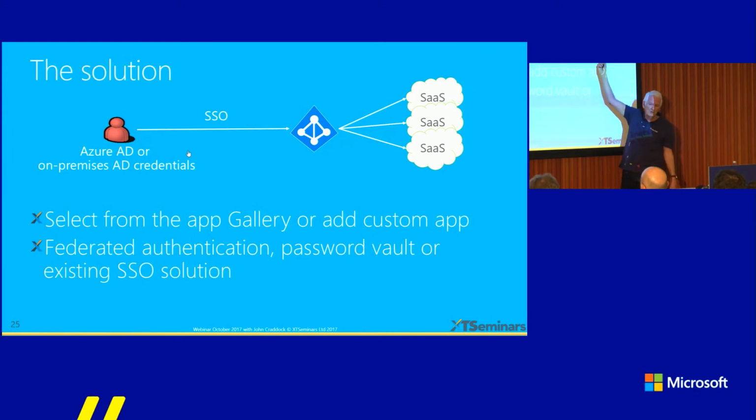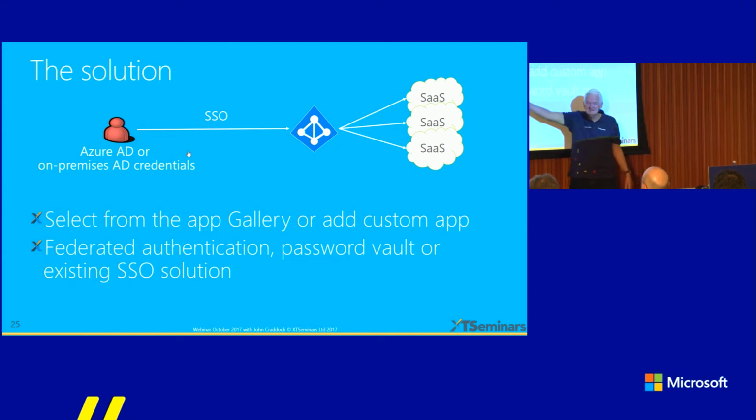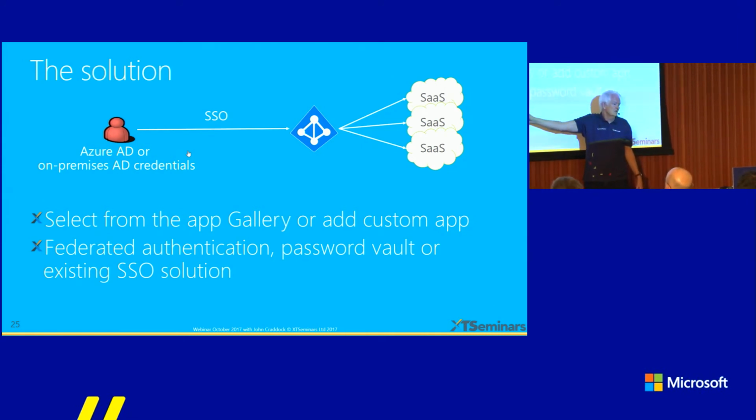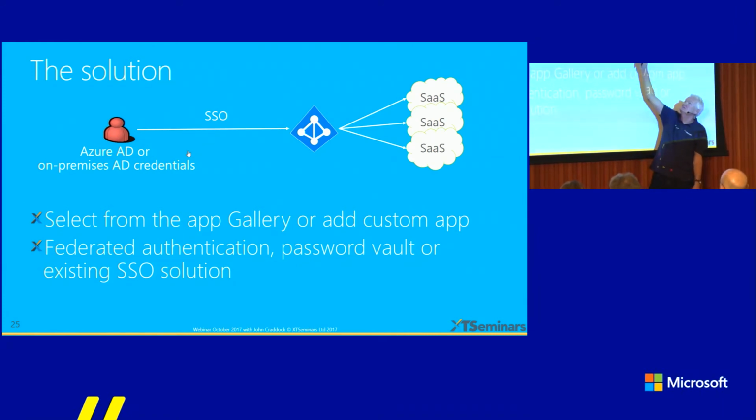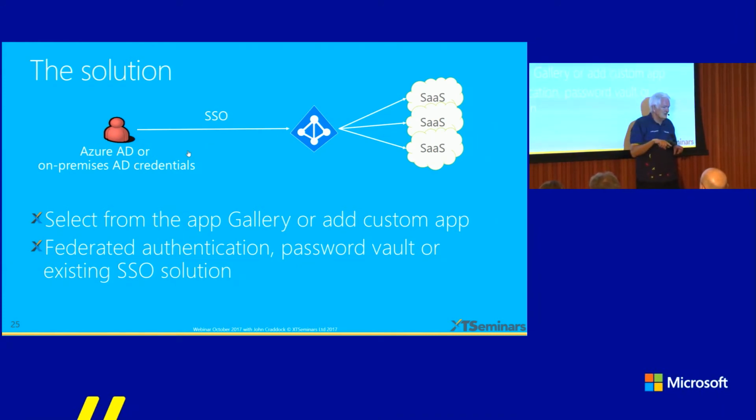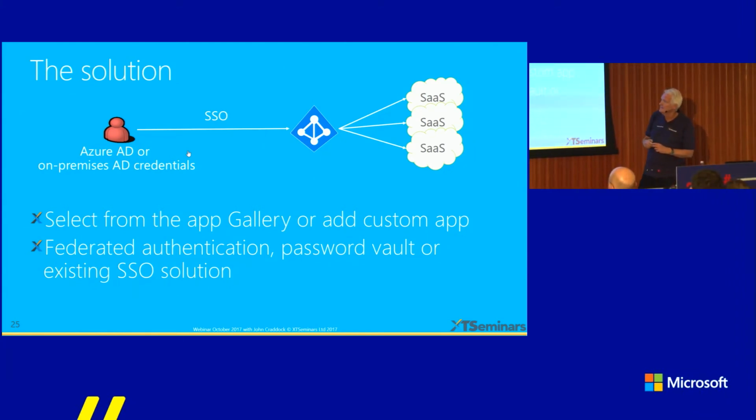We can use password vault, or we could use an existing single sign-on solution. So it's federating with Azure AD, a password vault where we're holding credentials for the user, or we've already got a single sign-on solution that's already been fixed between us as an organization and the target system. Maybe we're using something like Ping Identity or something along those lines.